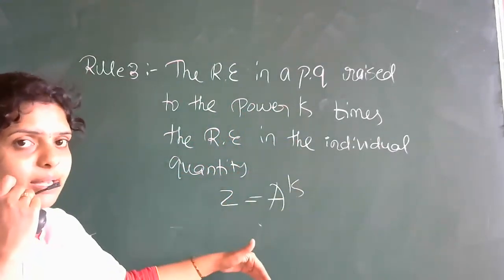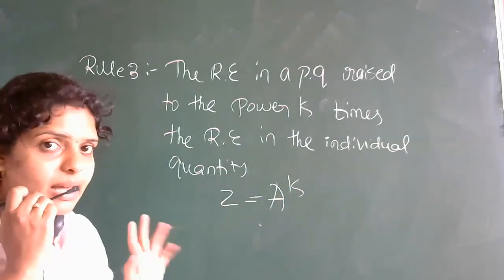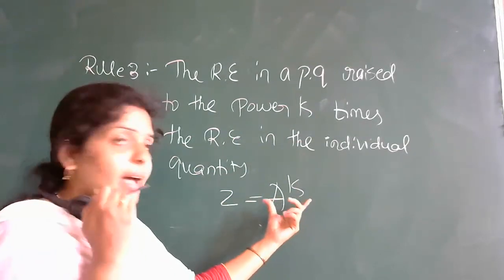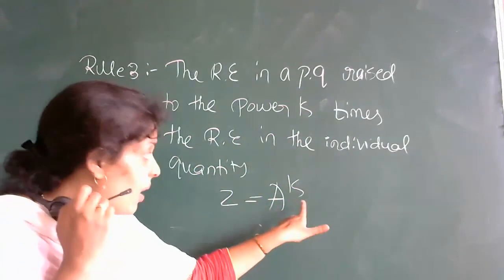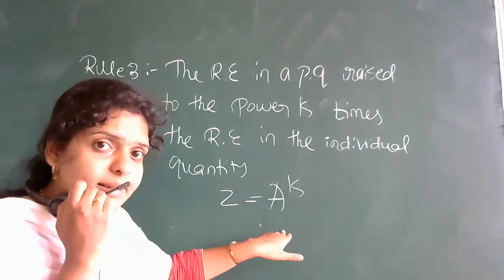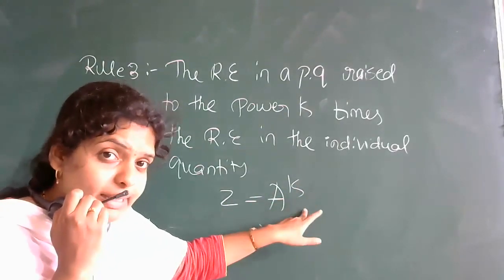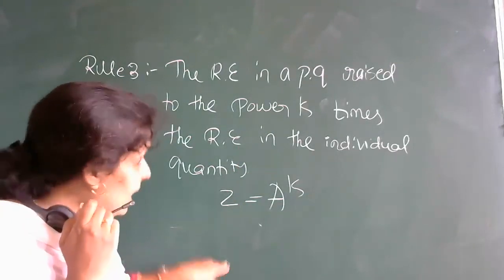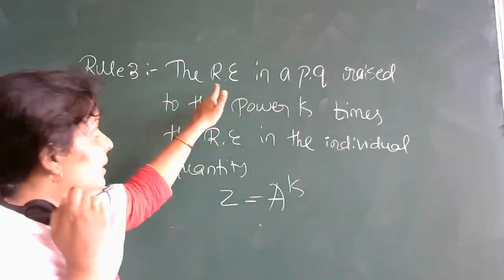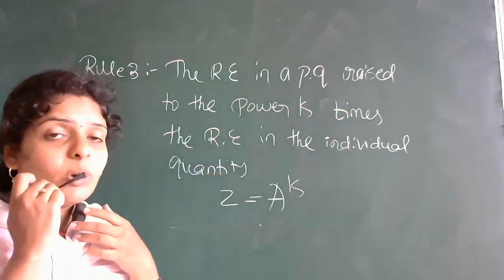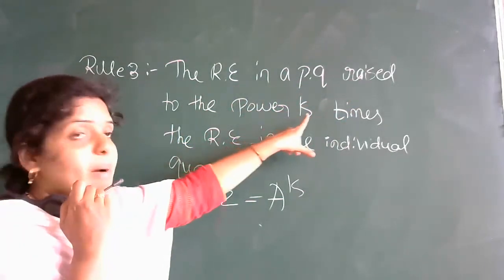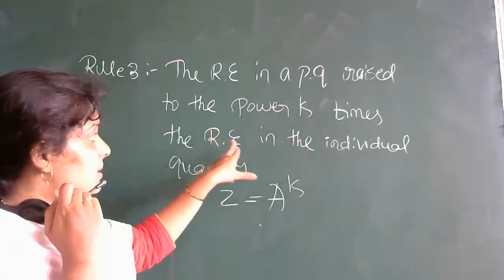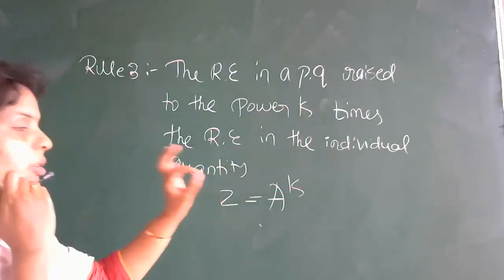They have given the answer. They have not given the definition. So what is that? I have a number A which is raised to the power k. Whatever the relative error is there, that answer they have given. See, the relative error in a physical quantity raised to the power k times the relative error in the individual quantity.